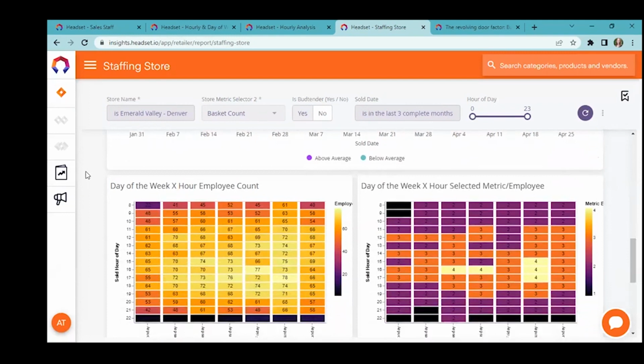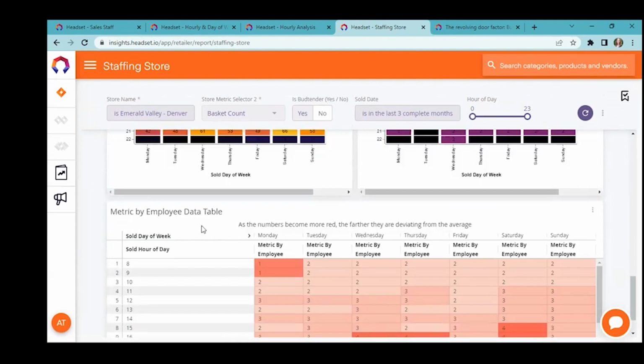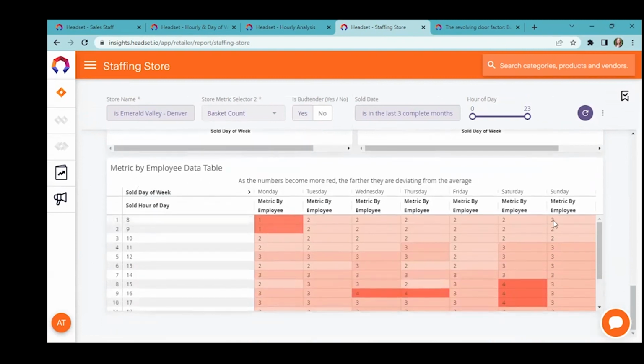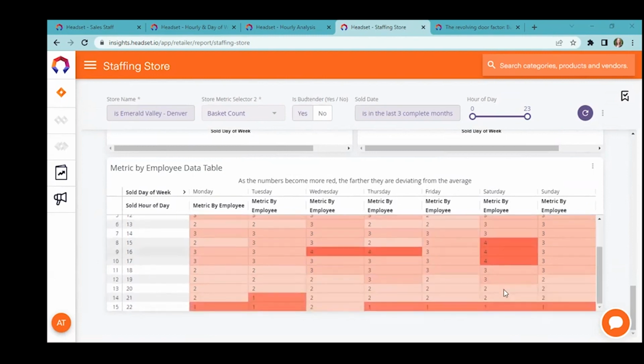And then if you want to see this broken out by hour, we have quite a few crazy graphs down here. I'm going to look at this one first, the metric by employee data table. It says that as the numbers become more red, the farther they're deviating from the average. We can see down here, like on Saturdays, which is a great example because we know that it has more transactions during that day, that on average by hour, the employees have 4 baskets or 4 transactions per hour.